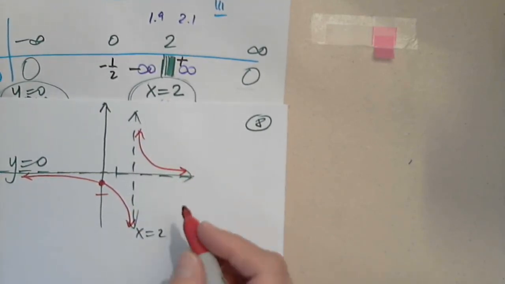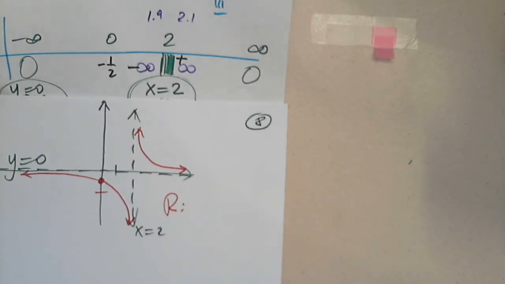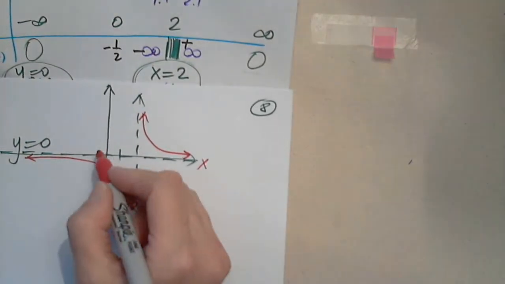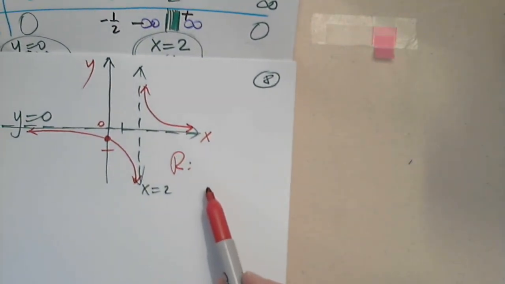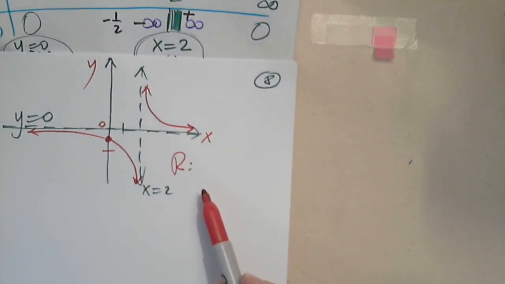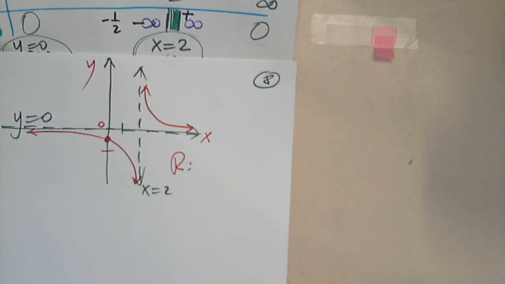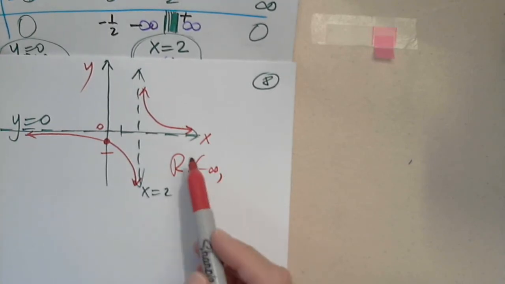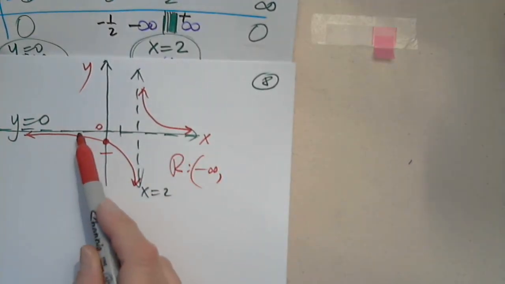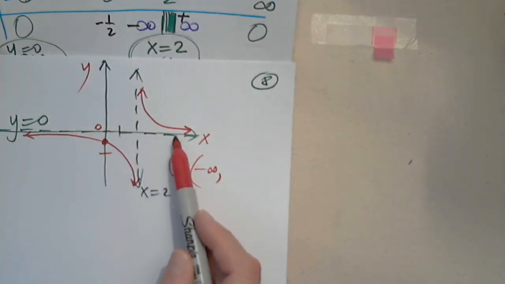This is it. Can anyone give us the range? Negative infinity to 2.